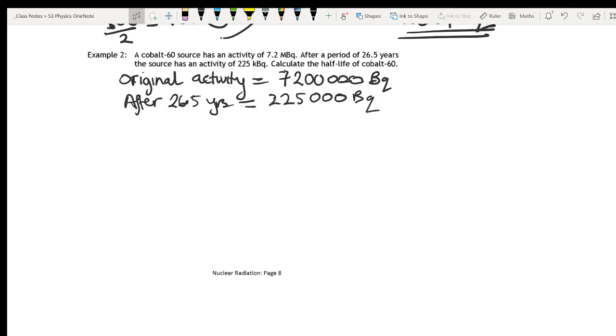So start off with 7,200,000. And you could just do this on your calculator: put the number in, divide by 2 equals, and then answer divided by 2 equals, answer divided by 2 equals.